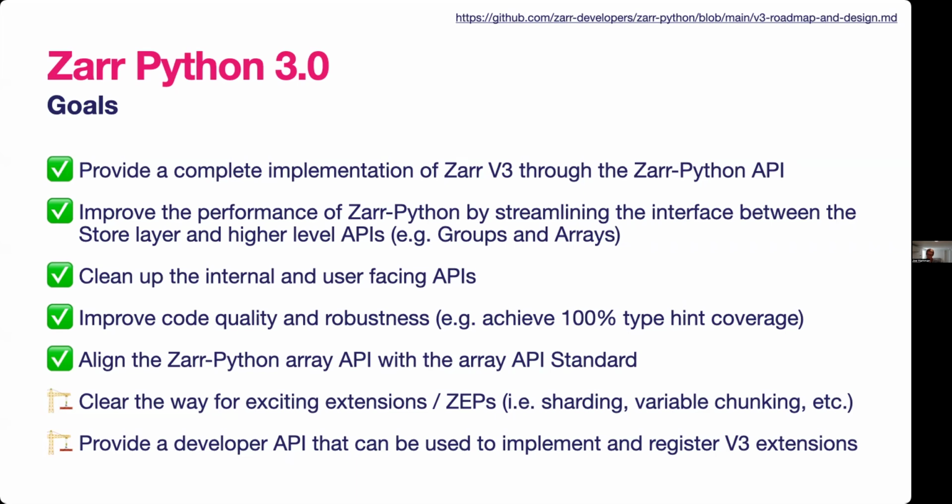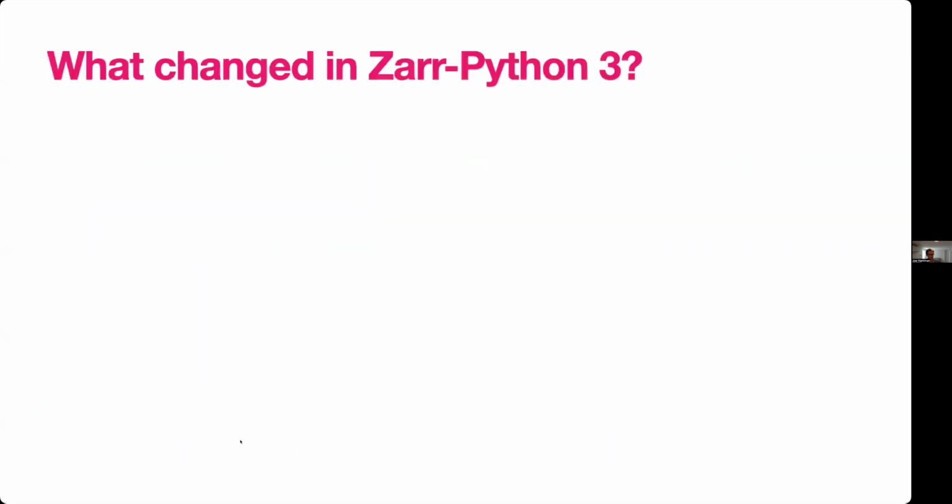Some of these extensions work today, like you can do custom codecs through an API that's provided, but there are other areas, like at the chunk grid level, for example, that just don't have extension points built into the library yet. So I'll get into a bunch of these things as I run through here.